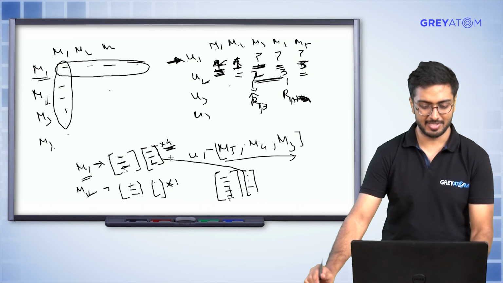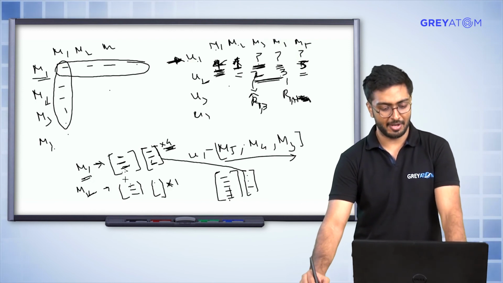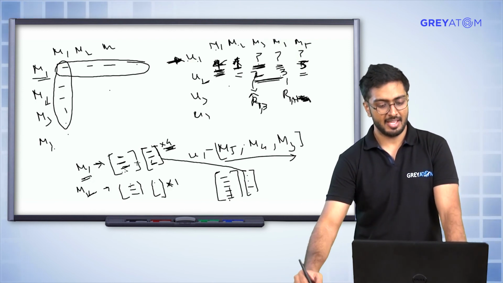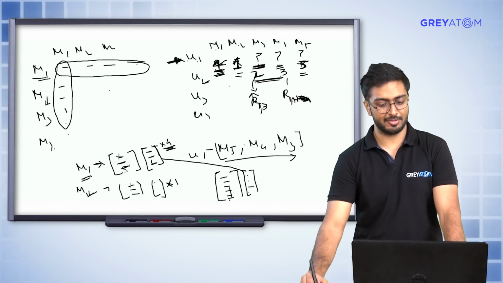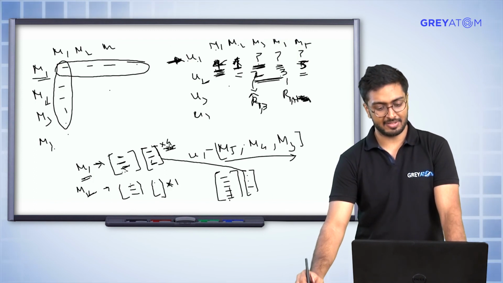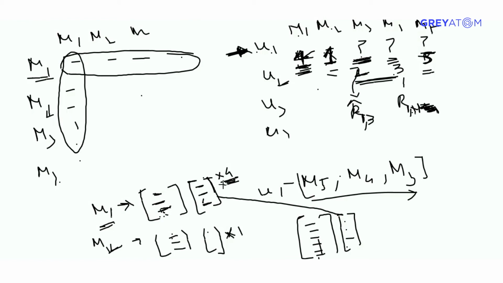You can also do it this way. This is a more conventional way where you take all the movies that he has seen, find movies similar to those movies, and give them a weightage as per their rating. So this 4 is the rating for movie M1 by user 1, and this rating is for the movie M2 by user 2.